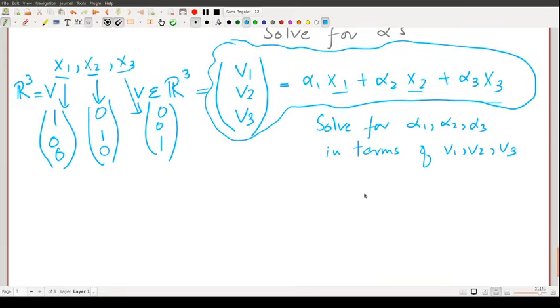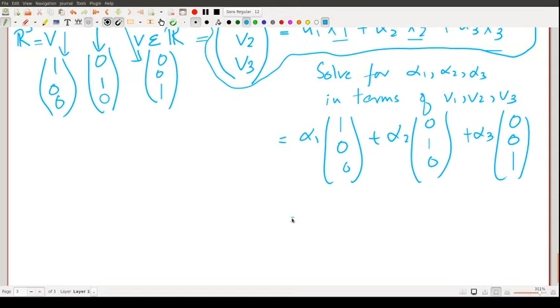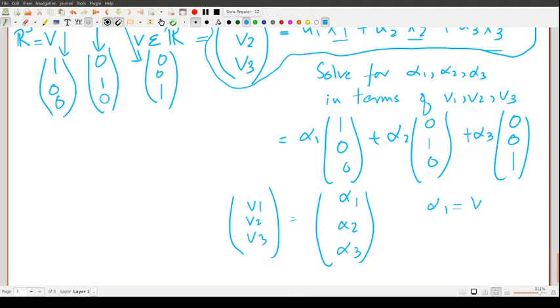If I have alpha 1 times 1, 0, 0 plus alpha 2 times 0, 1, 0 plus alpha 3 times 0, 0, 1, then this just becomes very easy, because the left side is alpha 1, alpha 2, alpha 3, and on the right side you have v1, v2, v3. So the solution is simply alpha 1 is v1, alpha 2 is v2 and alpha 3 is v3. So you've solved for alphas in terms of v1, v2 and v3. But this is of course very easy.